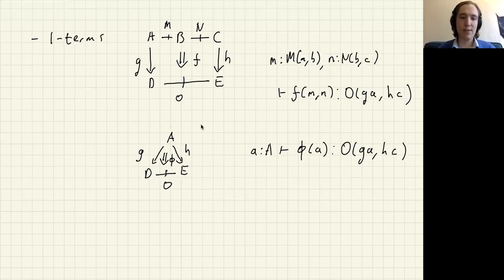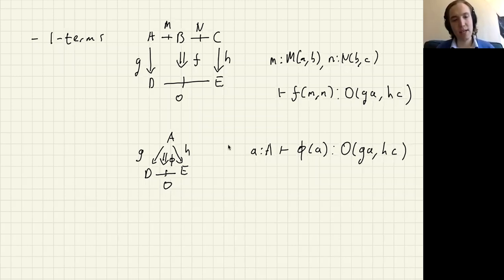This bottom one term takes the one-dimensional pasting diagram, which is just a zero type. And in a sort of type theory way, what that does is it takes an element of that zero type and it outputs an element of the one type. The classic example of these kinds of things are actually natural transformations.